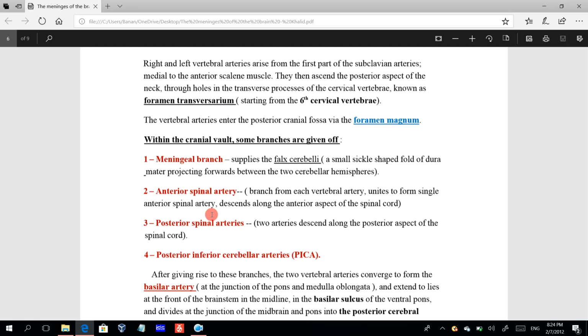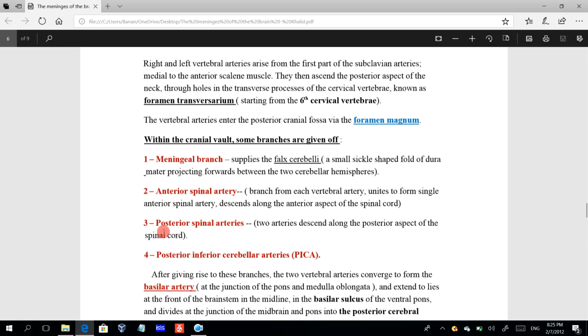So from each vertebral artery, from the right and from the left, a small artery descends and they unite together to form a single artery, and this single artery descends along the anterior aspect of the spinal cord, giving a blood supply to the anterior two-thirds of the spinal cord.